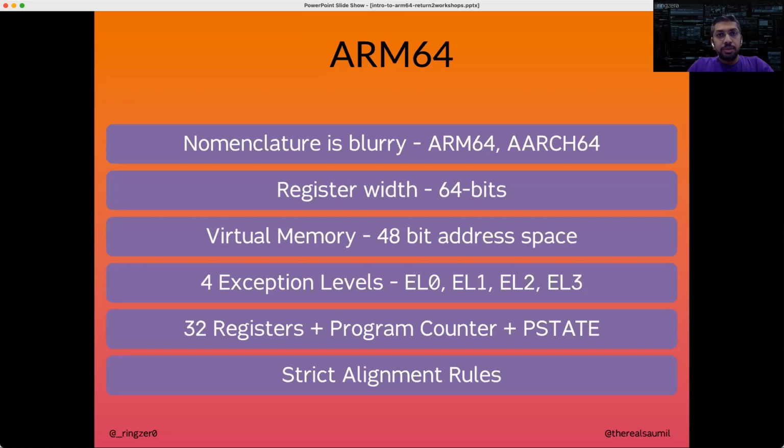ARM is a RISC CPU. RISC stands for Reduced Instruction Set Computer, which means that it is built for performance by simplicity. The simplicity lies in a limited set of instructions, as opposed to something like Intel, where you have a vast number of instructions being offered.